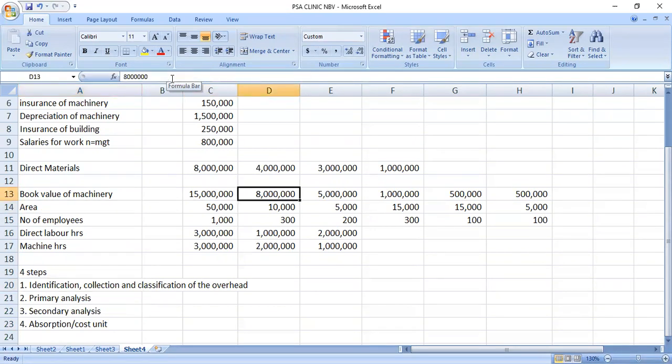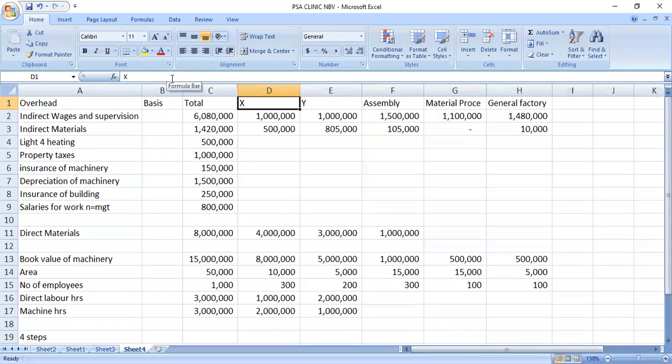In this case, for example, if you look at X, it's the portion which is 8,000 divided by the total, which is 15M. That is if you're using book value as the activity. We shall see how to apply this. I'm just trying to give you a highlight.